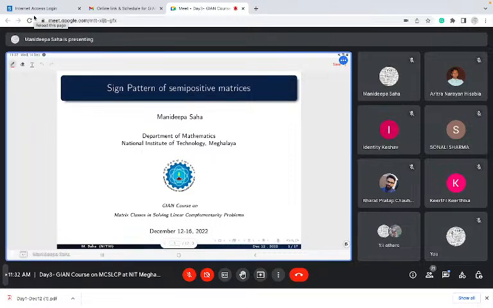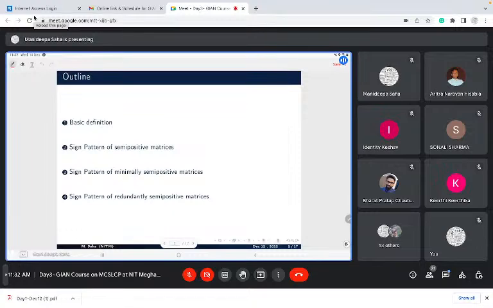Okay, so let's start. This will be the last talk of this course. Here I'll be talking about the sign pattern of semi-positive matrices. I'll start with some basic definitions related to sign patterns.